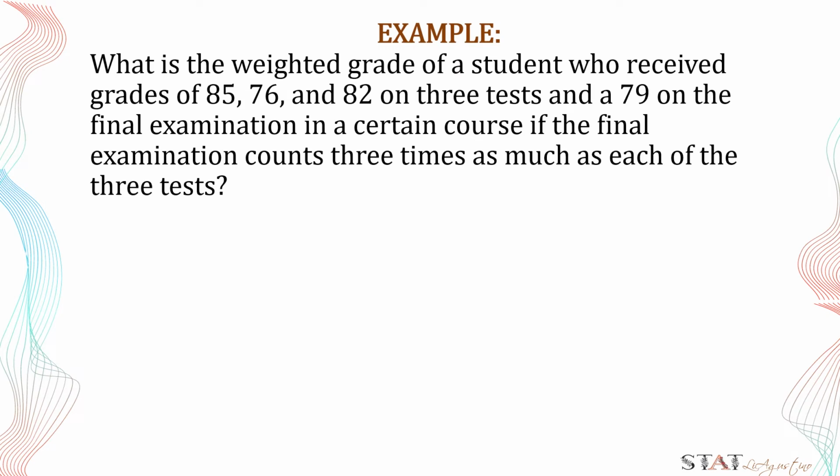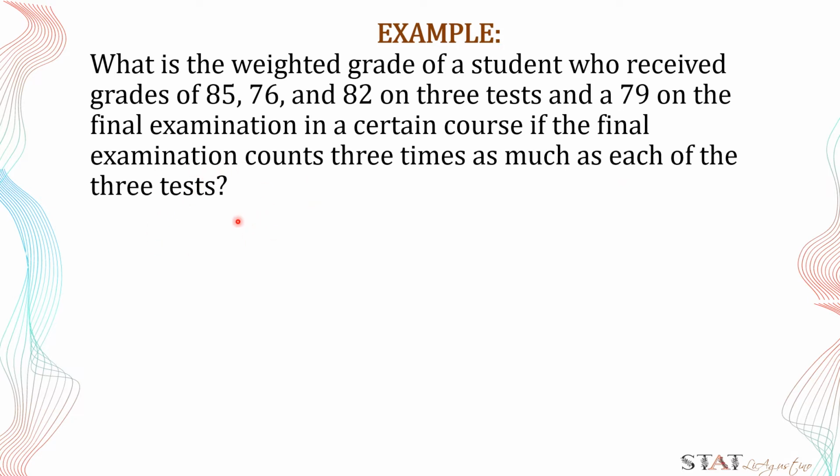For example, what is the weighted grade of a student who received grades of 85, 76, and 82 on the 3 tests and a 79 on the final examination in a certain course if the final examination counts 3 times as much as each of the 3 tests?